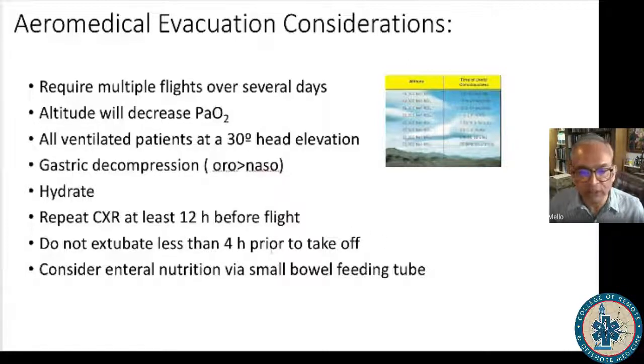So discussion with the Aeromed team is critical. And remember, if you've got a multiple flight over several days, nutrition needs to be maintained, and ideally with a small bowel feeding tube with a peristaltic pump so that it's not gravity fed.